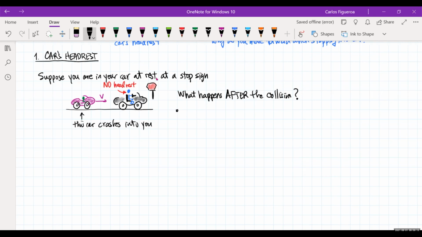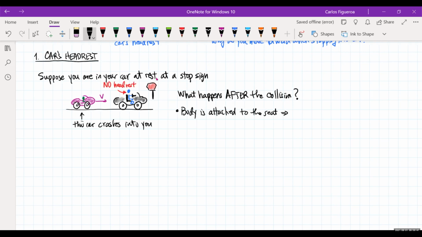One of the observations that we could make here is that your body is attached to the seat. What do I mean by that? Well, because you're an upstanding citizen, you have your seatbelt on. Because the seatbelt's attached to the seat, and the seat's attached to the car, when the car accelerates, your body moves forward.